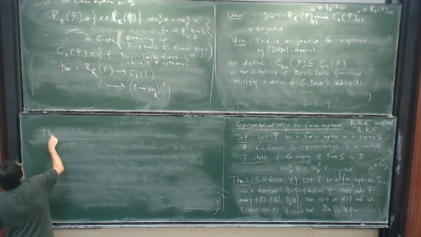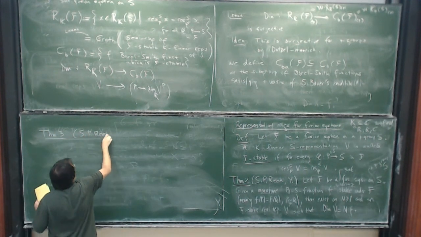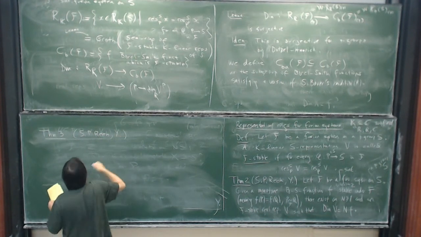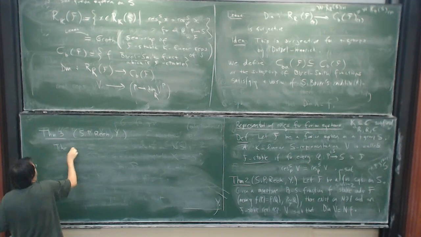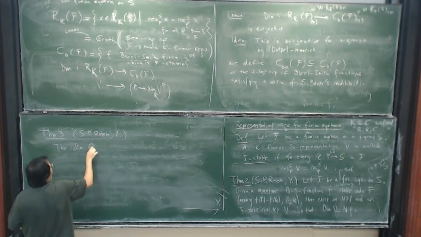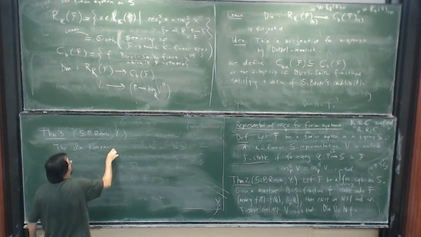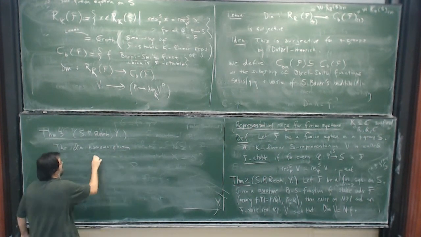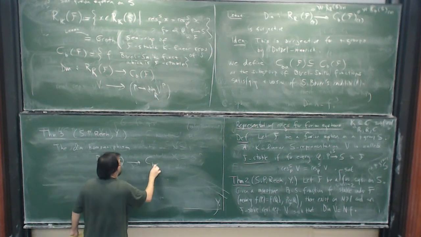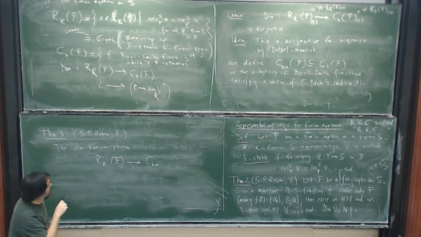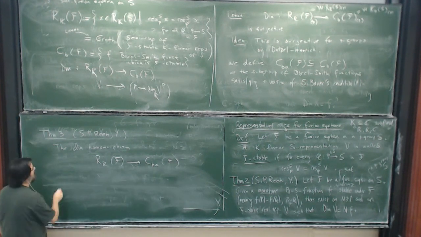So this is Theorem 3. The dimension homomorphism from the representation ring of the fusion system to the Borel-Smith functions satisfying the Bauer's condition is surjective.